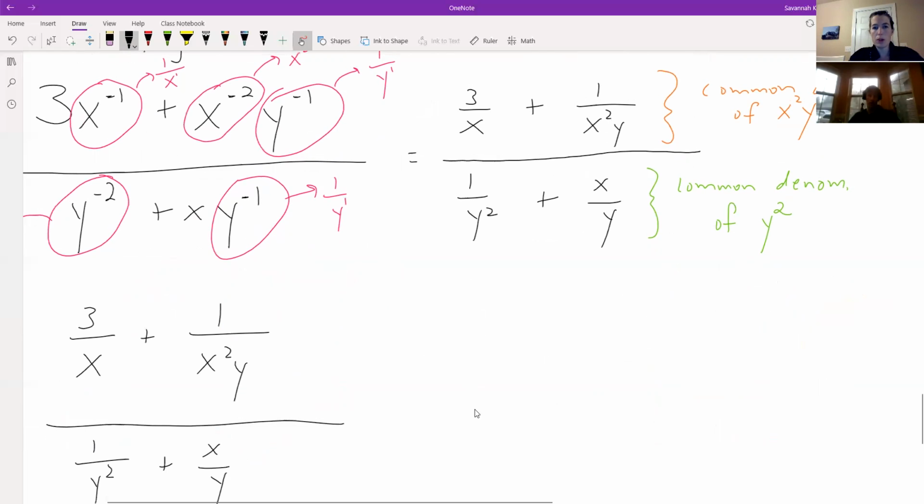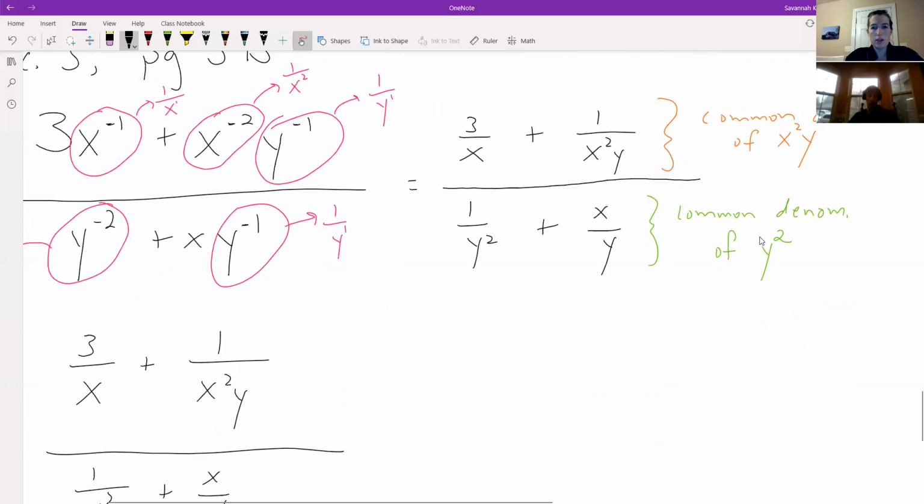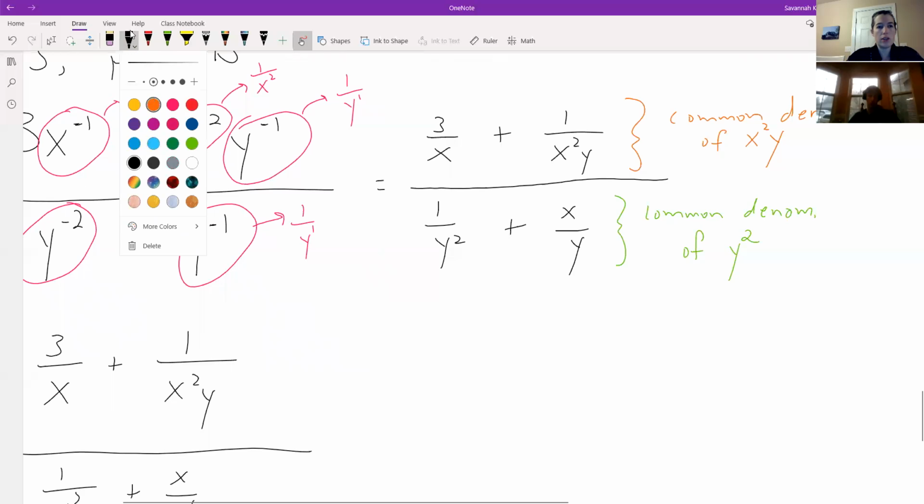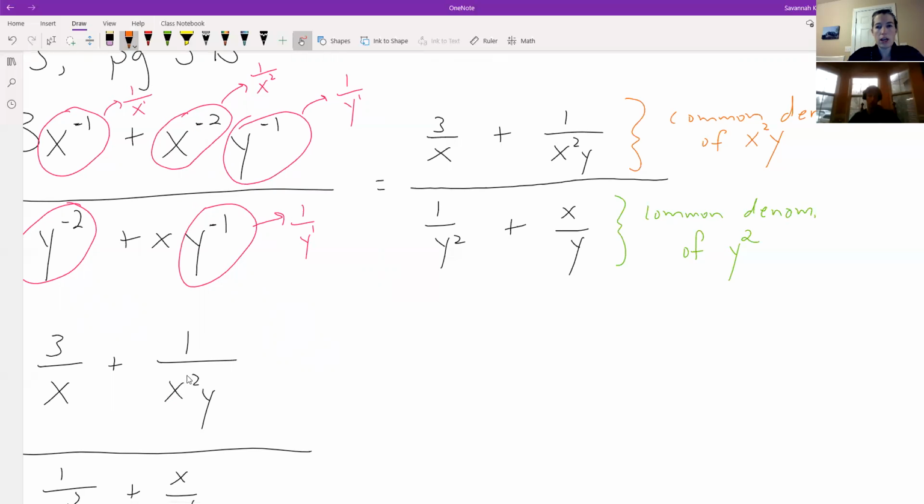Okay, so there's the rewritten problem, and that's the point where I start asking myself, who's missing? What's missing in order to create common denominators? So it looks like x squared y right here, that's good to go. That is a naturally occurring common denominator in the problem. This other one, okay, so I have an x to the first.